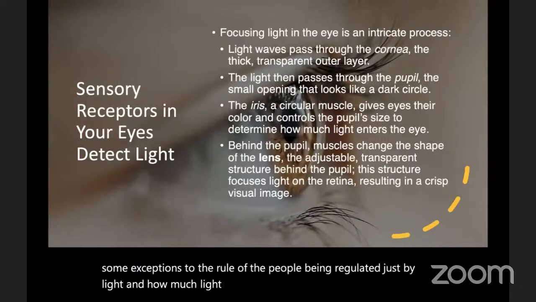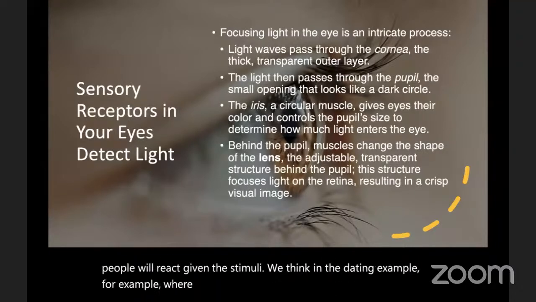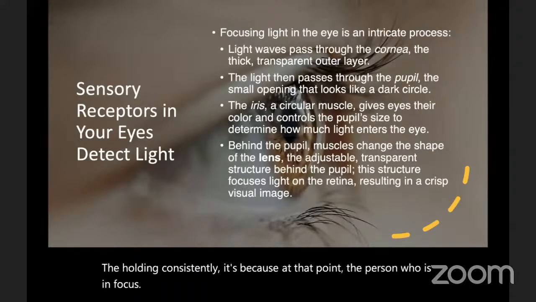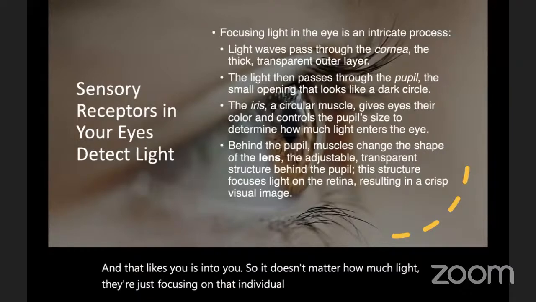There are certain situations where the pupil will react given the stimuli. We think in the dating example, where the pupil is holding consistently, it's because at that point, the person who is in focus and that likes you is into you. So it doesn't matter how much light, they're just focusing on that individual. And that's why we think that occurs.